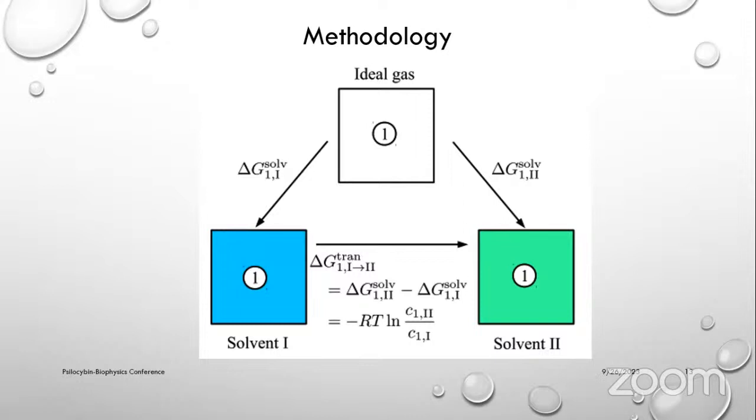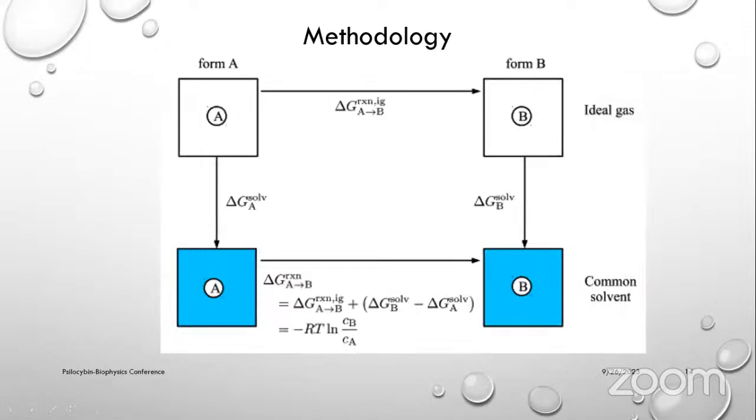If we have solvent 1 and solvent 2, we see whether the drug prefers to go to solvent 1 or solvent 2. If it has to move from solvent 1 to solvent 2, then the Gibbs-free energy of transferring the drug from solvent 1 to 2 is determined.